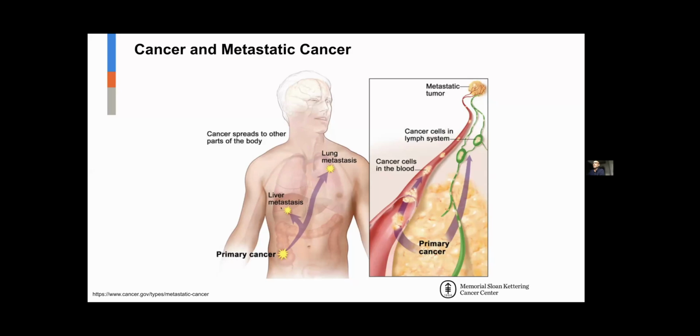And this isn't like liver cancer or lung cancer. These are literally the same type of cells. So you have colon cells that end up in the liver and lung. These are the modes of transport that typically happen: cancer cells will travel through the blood or lymphatic system here.